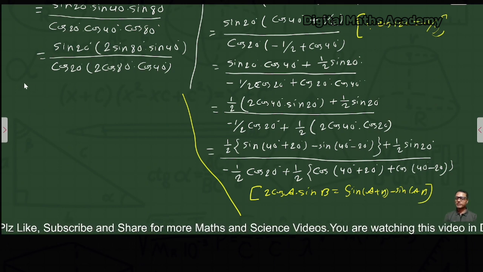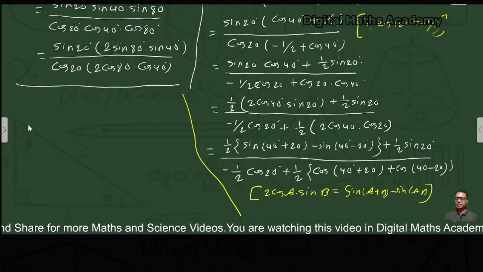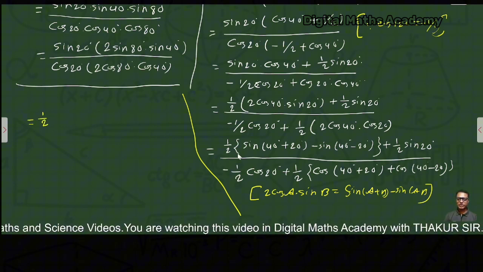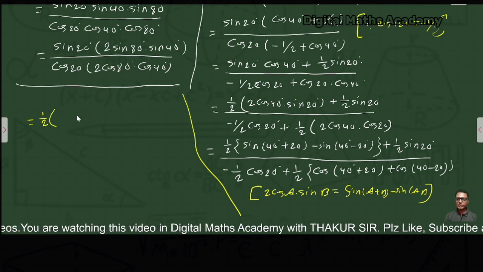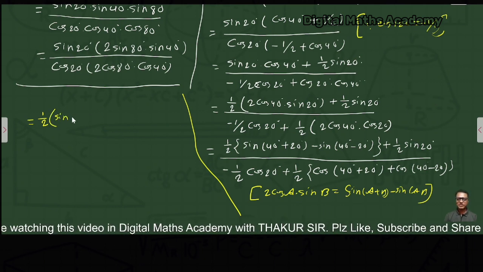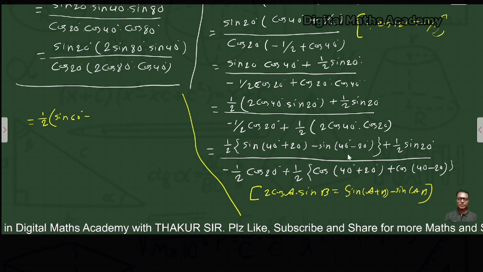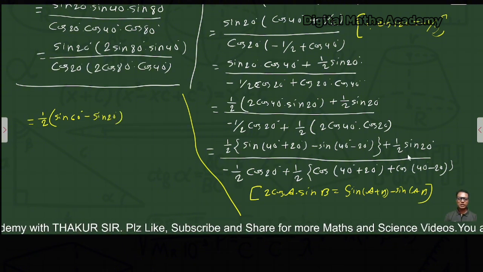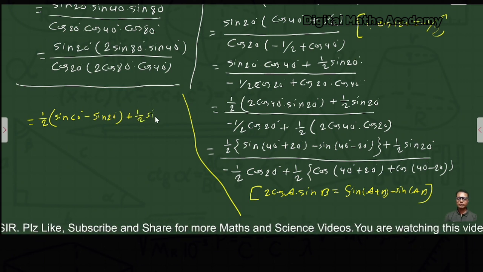So we write this part here and simplify it. It becomes 1 by 2, and inside the bracket we have sin (40 plus 20), that is sin 60 degree, minus sin 20 degree, bracket close, and then plus 1 by 2 sin 20 degree.